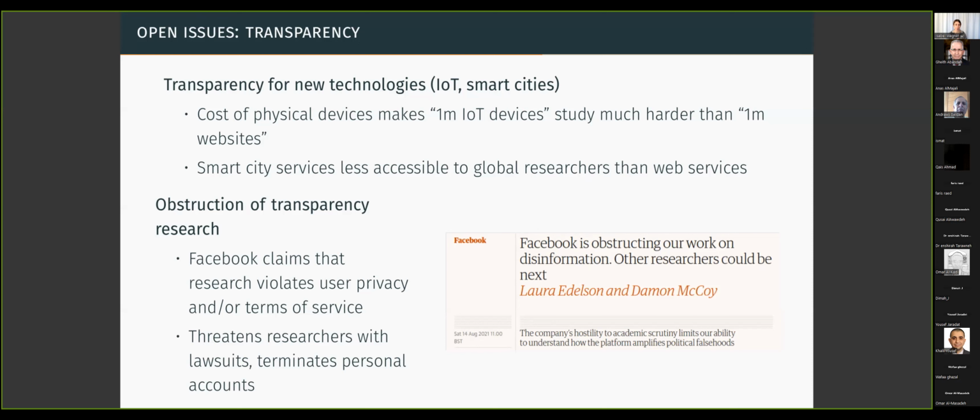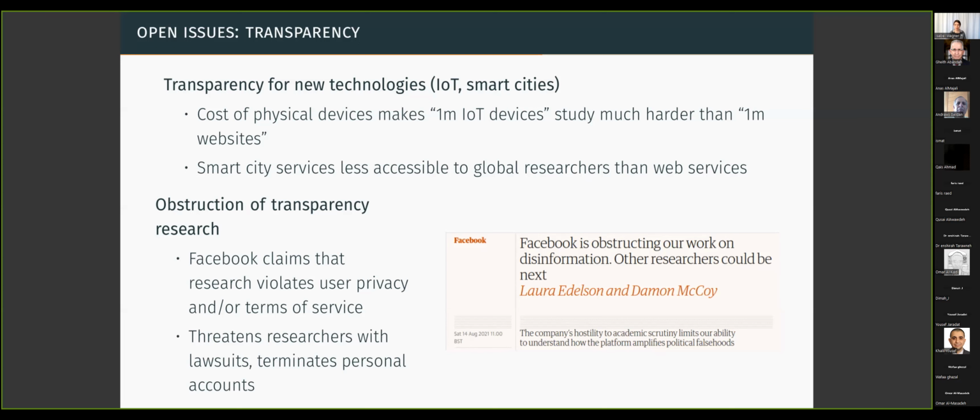These researchers were studying political ads on Facebook. And they used a browser extension to do that, which made it very clear to users what the privacy implications are. And yet Facebook claimed that this research violates the user privacy, also violates Facebook's terms of service. So they sued them and also terminated their personal accounts.